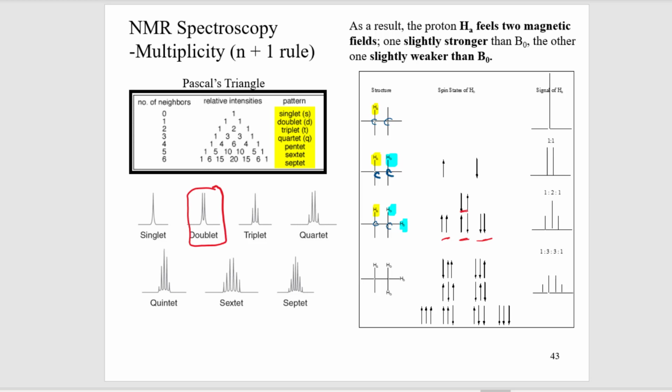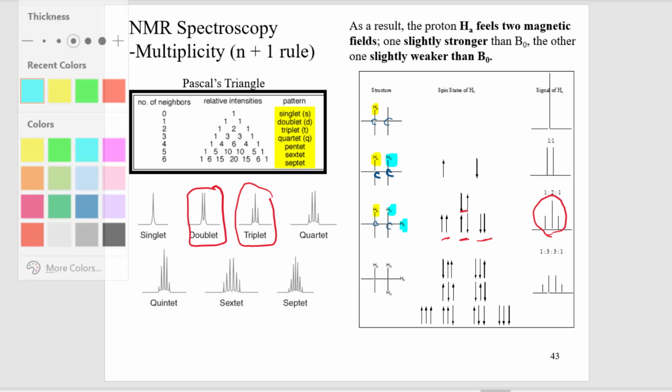Since the chances are doubled for the up-down scenario, because it doesn't matter which hydrogen is up, it's a 1-to-2-to-1 chance. And so you see this trend where they're very close in frequency, but not quite the same, so they don't overlap into one signal. They split into this triplet. This is what a triplet looks like. You can see the symmetry of it.